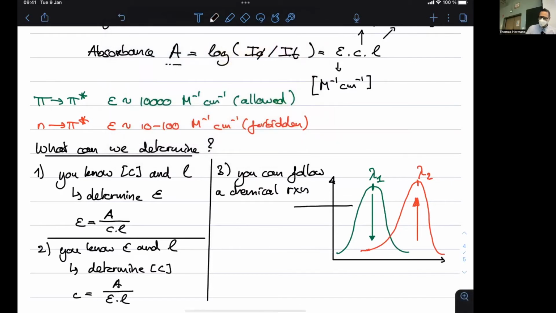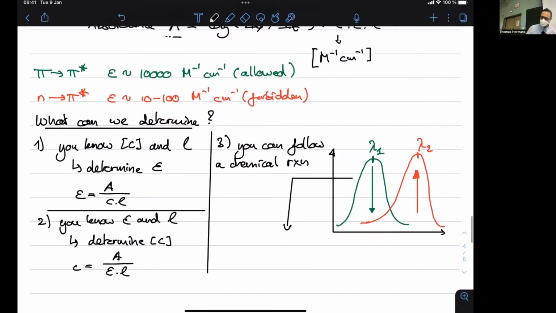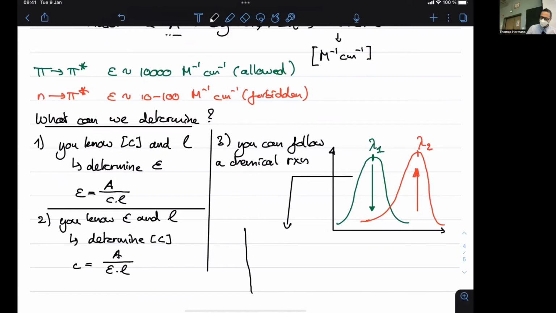So we're going to extract the absorbance at these maxima, right? Lambda 1 and 2.